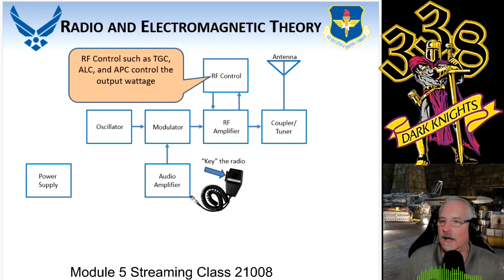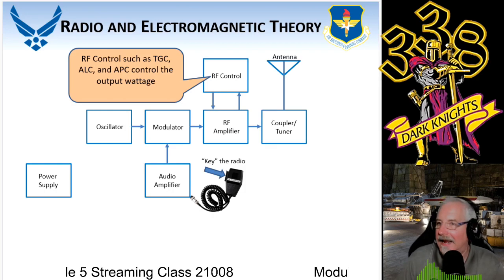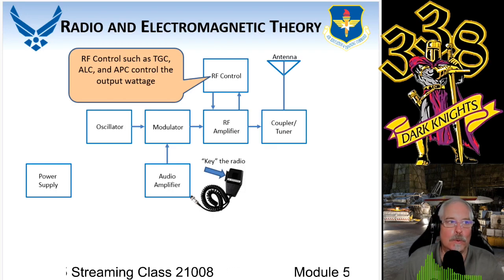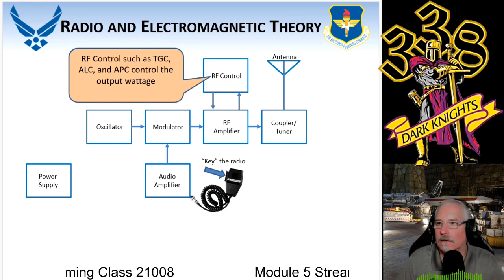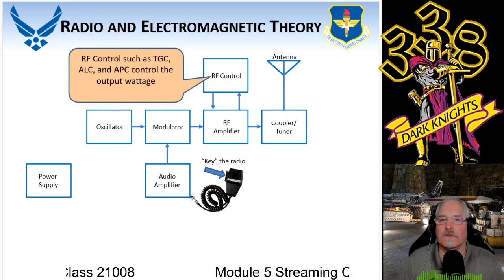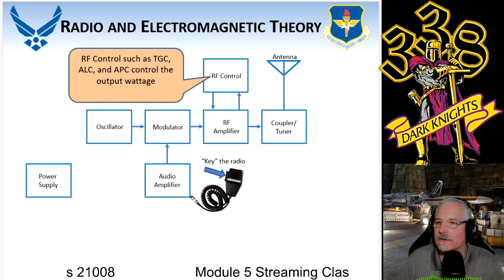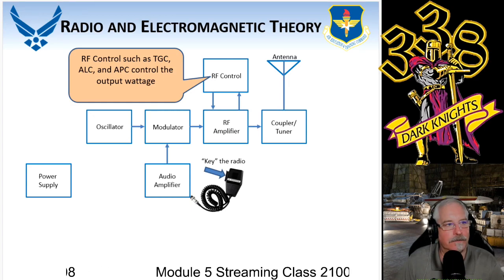You may see things like TGC, which is transmit gain control. You're going to see ALC, which is automatic load control. APC, automatic power control. All these are under the same guise of controlling that output so we don't get too much or too little wattage here.